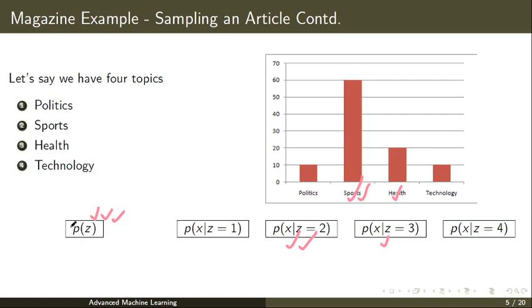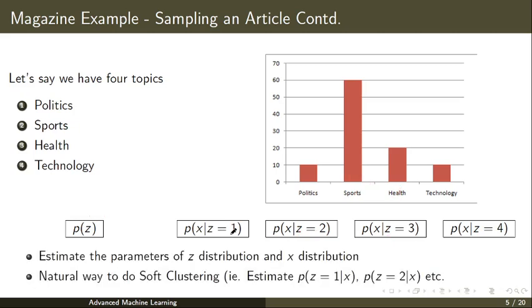So this is your hidden variable, and these are the distributions corresponding to each of the values of the hidden variable: probability of x given z equal to 1, x given z equal to 2, and so on. Each of these controls, or is, the probability distribution given this value.